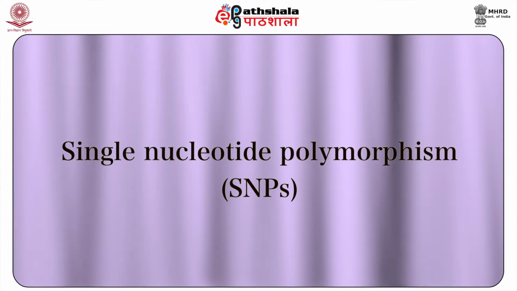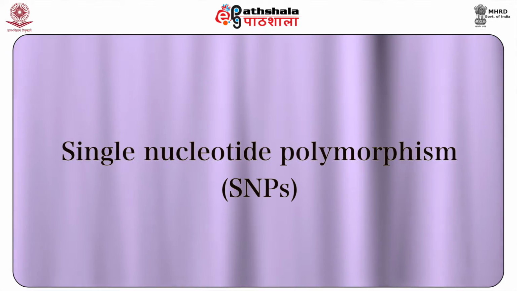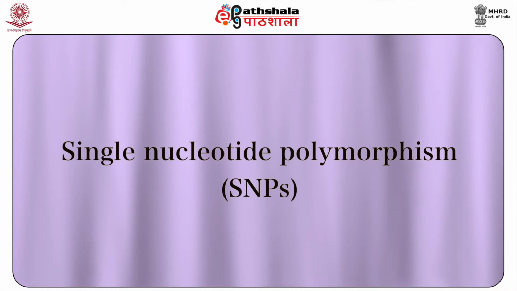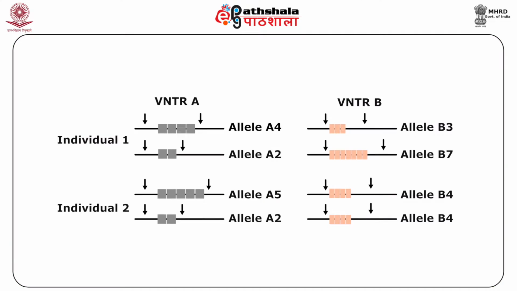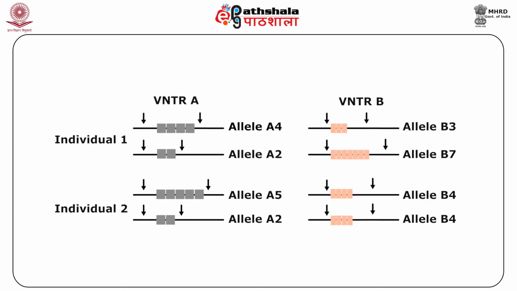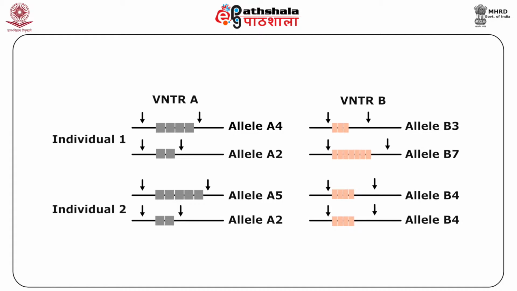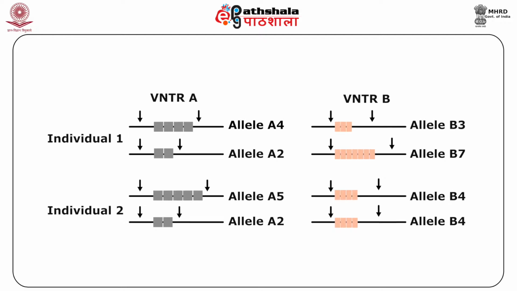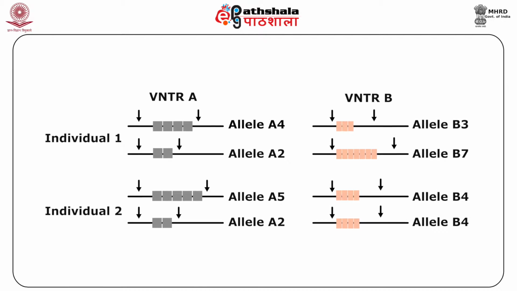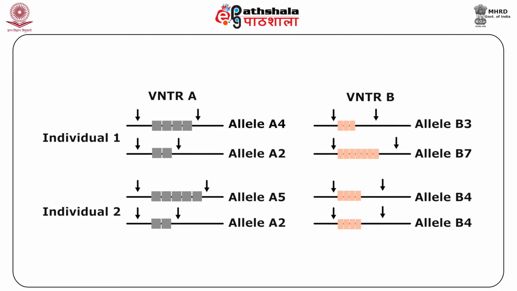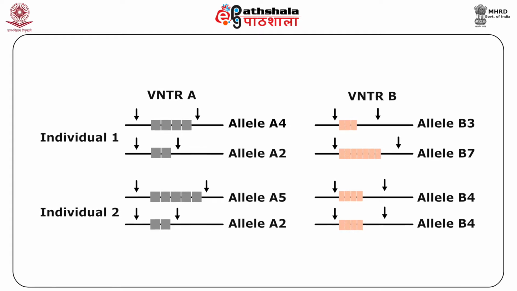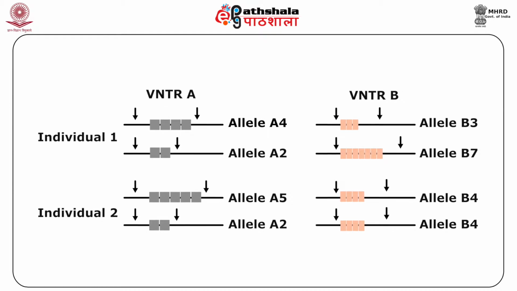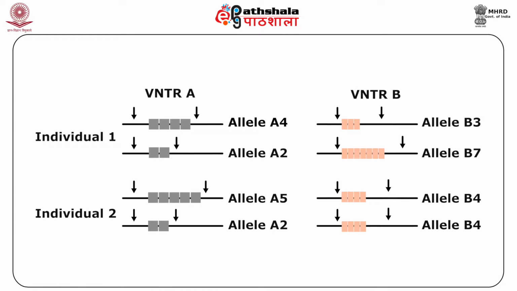The next technique is single nucleotide polymorphism, in short SNP analysis. One of the most common genetic variations observed among people is single nucleotide polymorphism, or SNP. A difference in a single nucleotide is represented by a single nucleotide polymorphism.